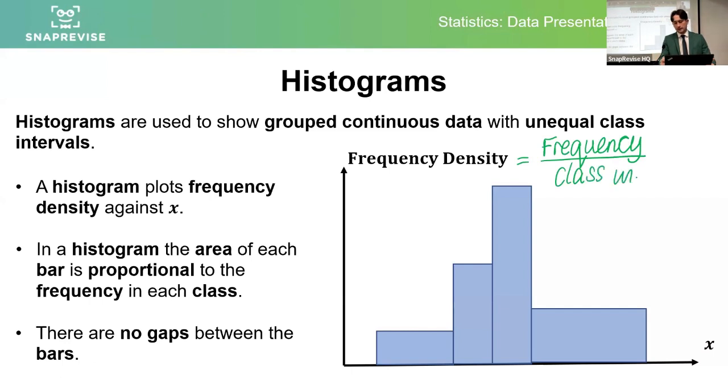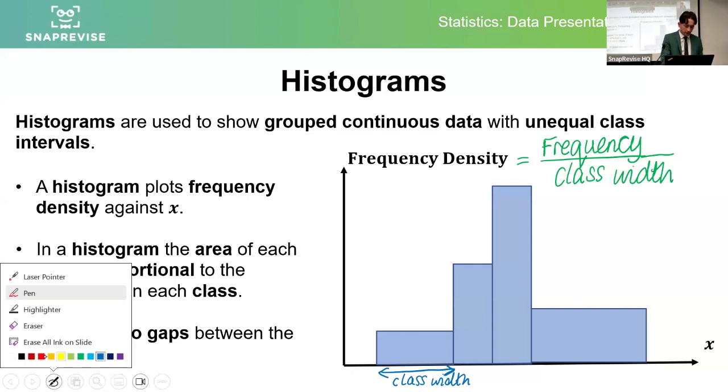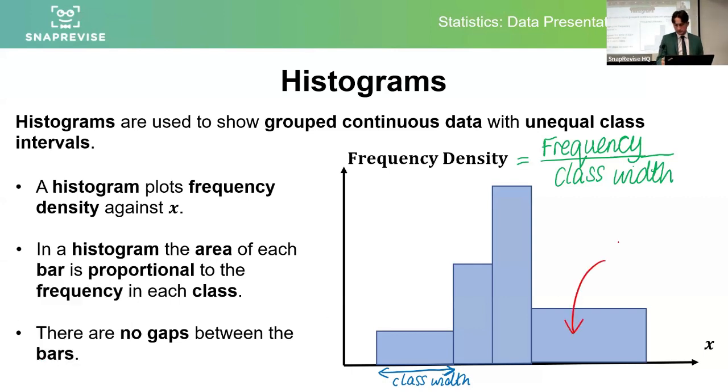So it's basically a bar chart, but it's not the heights of the bars that represent the frequency, it's their area. The class width is the X width, and it's the area that represents the frequency.